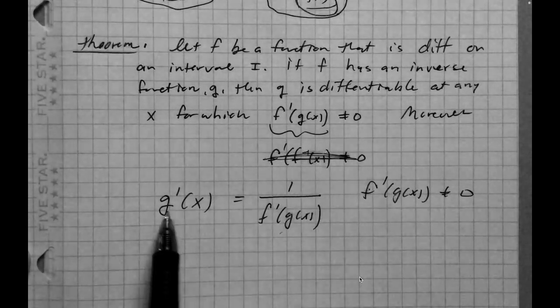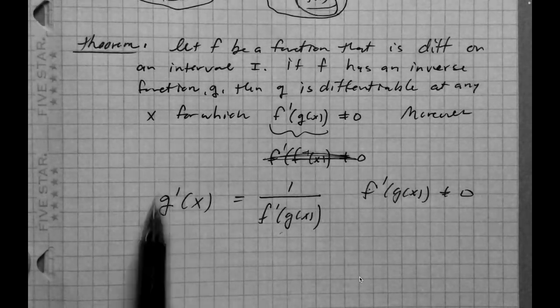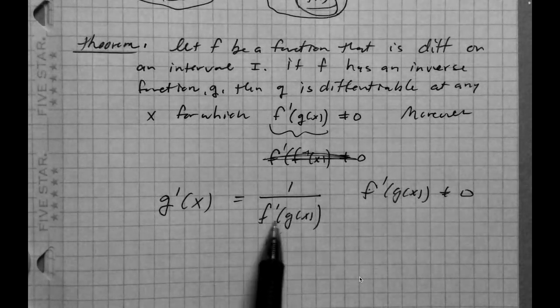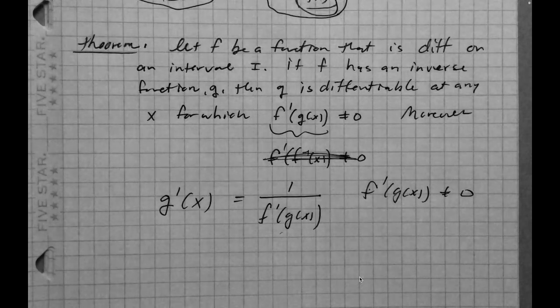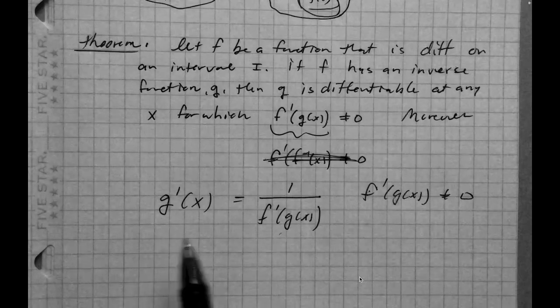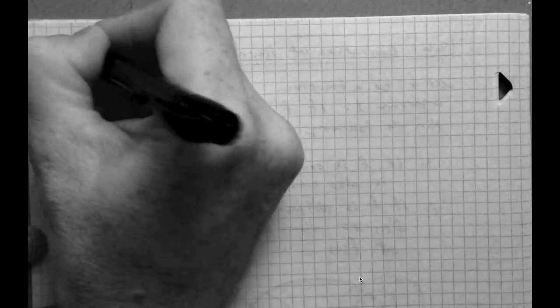And specifically, the derivative of the inverse g is equal to 1 over the derivative of f evaluated at the inverse. Okay, so let's do a concrete example. So this is the theorem, the big theorem. Let's do an example. We're going to flesh this out with an example.